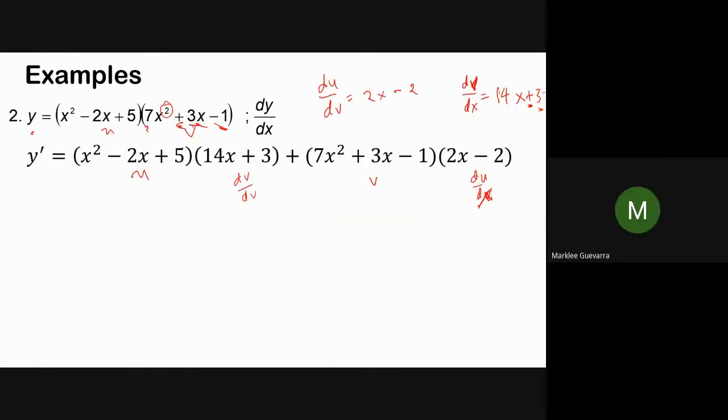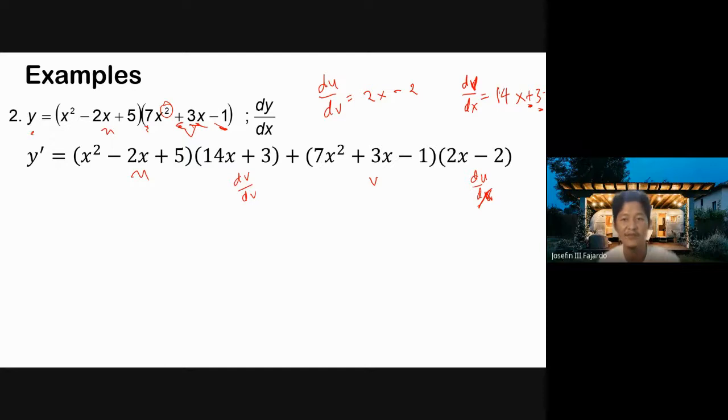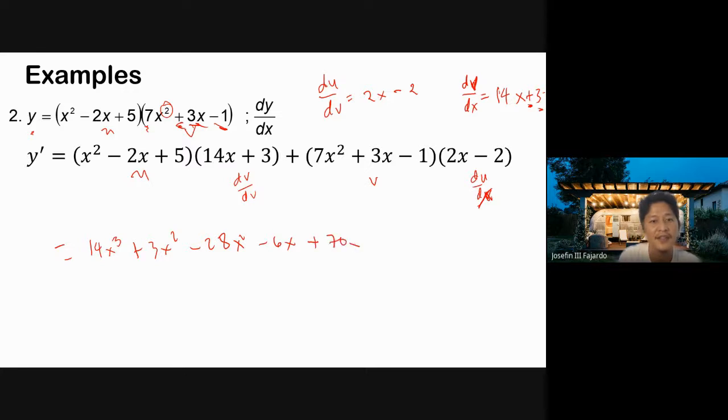Okay po, sir. Pwede nyo na siyang i-expand kung gusto nyo, or kapag nakalagay sa instruction na simplify. Kunwari, i-simplify na lang natin. So, magiging 14x cubed plus 3x squared minus 28x squared. Algebra na lang ito ha. And then minus 6x, plus 70x, and then plus 15.